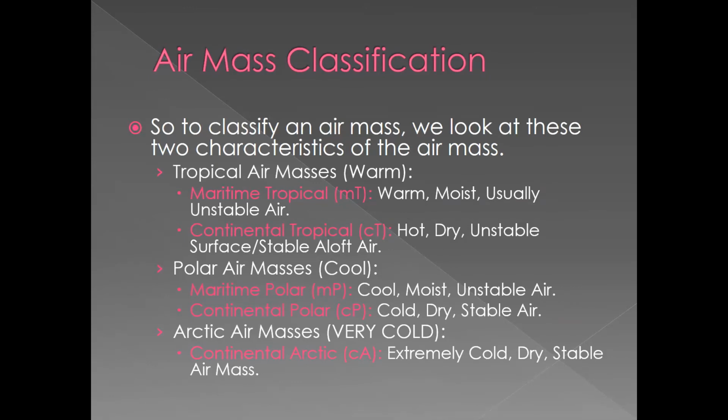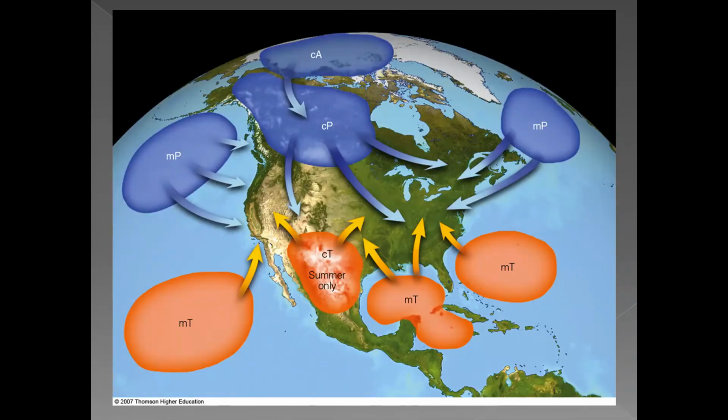But all told, these are our 5 air masses: maritime tropical, continental tropical, maritime polar, continental polar, and continental Arctic. And on a map, they look something like this. Maritime tropical air masses form over the tropical oceans.